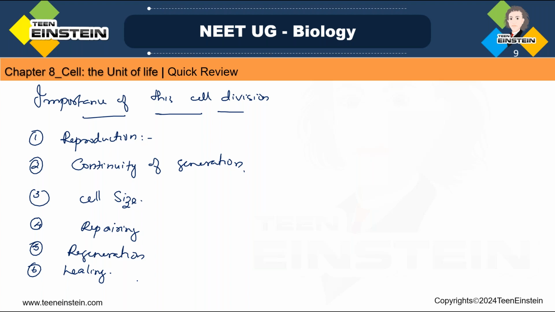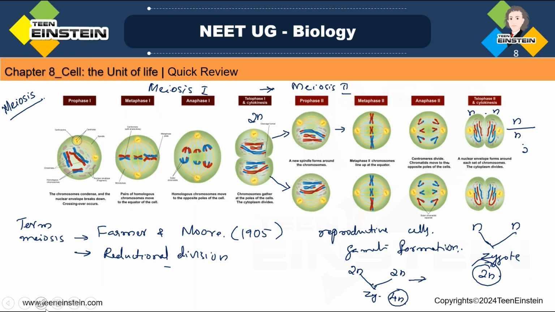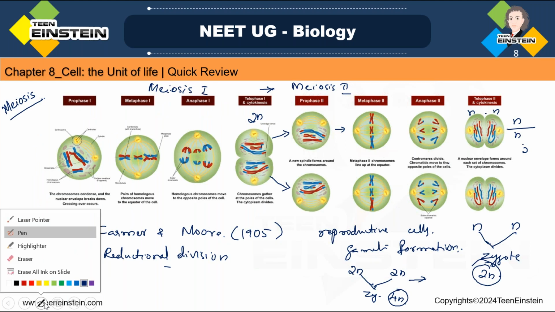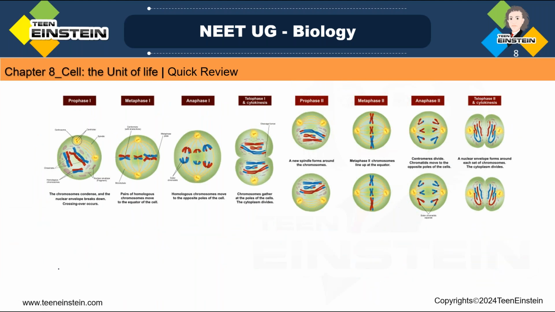So once again, for clarity, this meiosis will be quite confusing, so no need to get confused. Meiosis has two steps, meiosis 1 and meiosis 2.